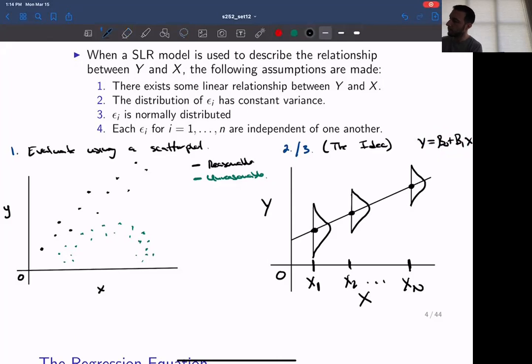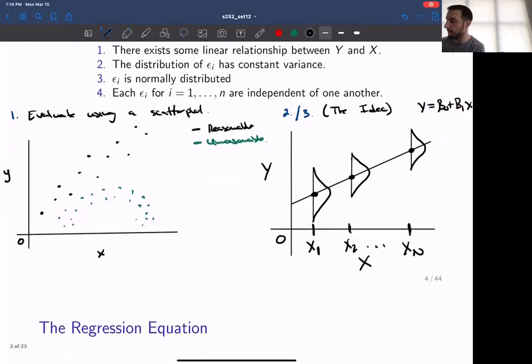Right? So all of these distributions have the same variance. But they have a different mean.